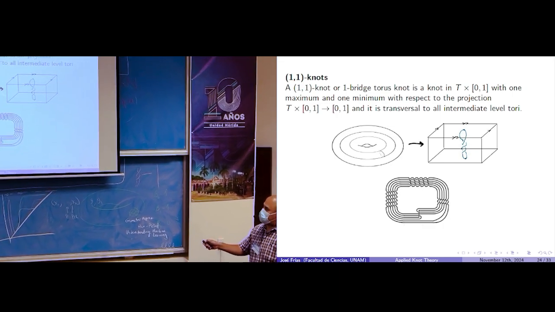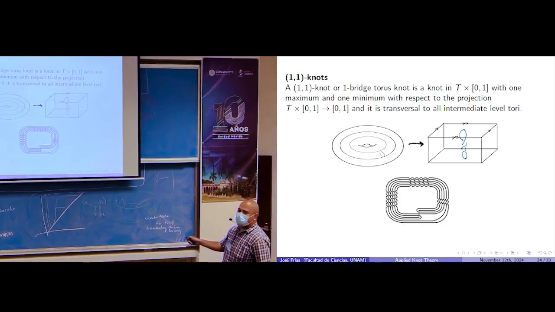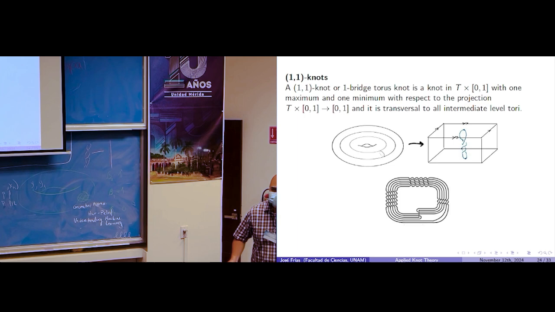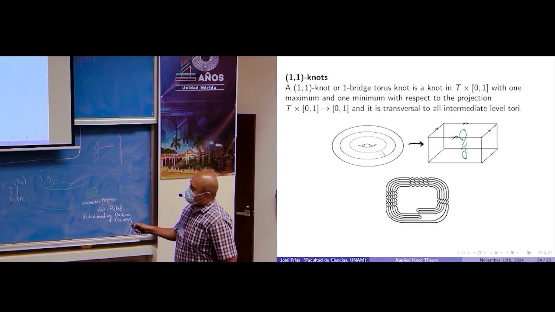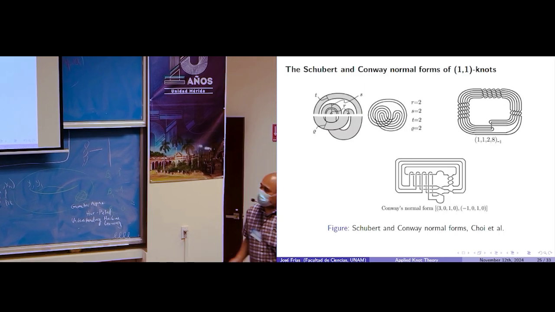This is not even so complicated. So maybe you can see a torus somewhere, right? But where is the maximum and where is the minimum? It's difficult. So here's the bridge.